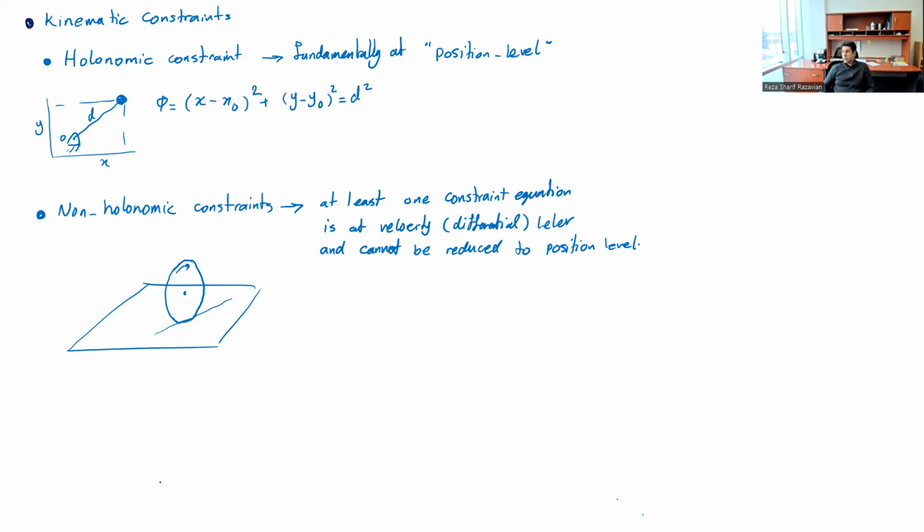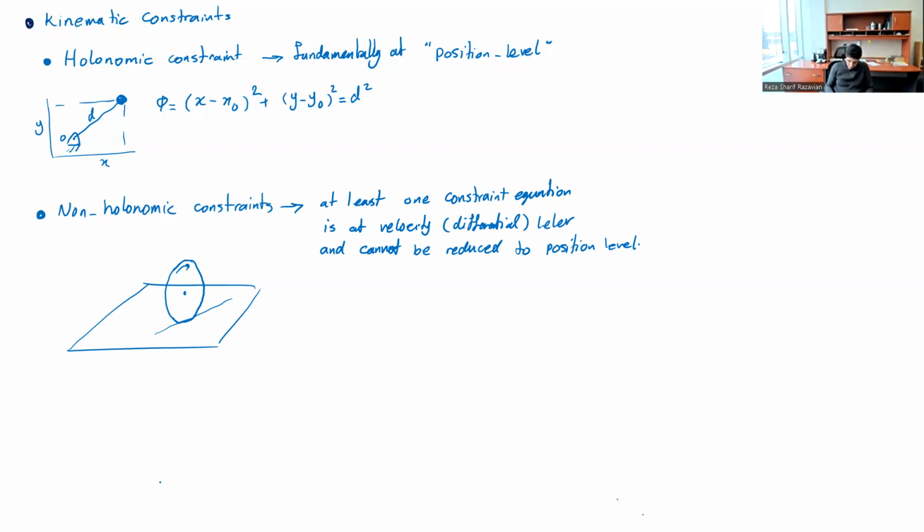What we know is that the wheel, at least when the constraint is active, we haven't broken the wheel, can only go in the direction of the wheel itself. So in other words, the wheel can never slide sideways unless it's sliding and it's no longer a wheel.